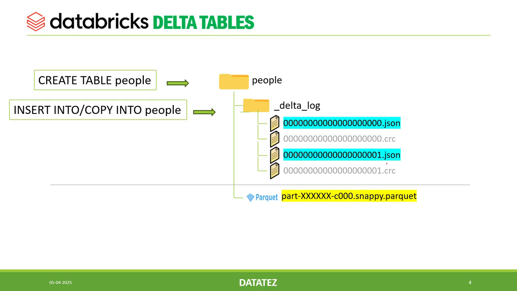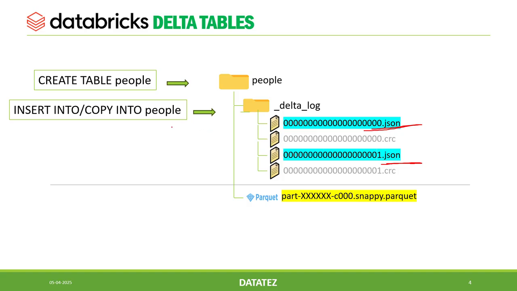So information about that operation is also listed over here in the form of a new JSON file. The first was created when we created the empty table, and this one is created when we insert data into the table. That way all the operations that we do on the table are tracked.